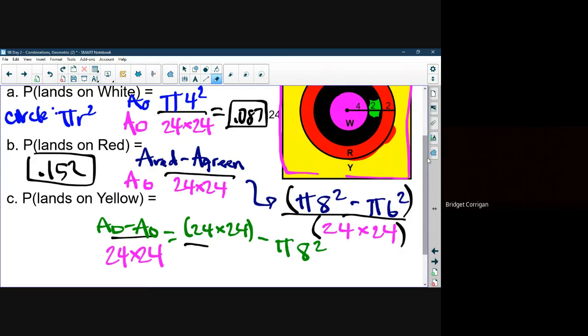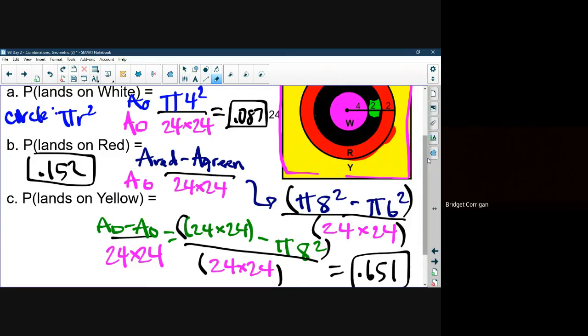And then that's the area of the whole yellow region, and then divided by the whole entire dartboard. So again, if you're putting this all in your calculator at once, make sure you put the numerator in parentheses and the denominator in parentheses so it follows order of operations. And when you do all that, you should get 0.651.